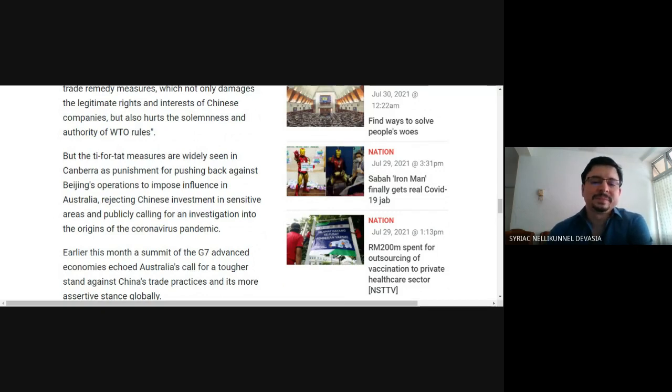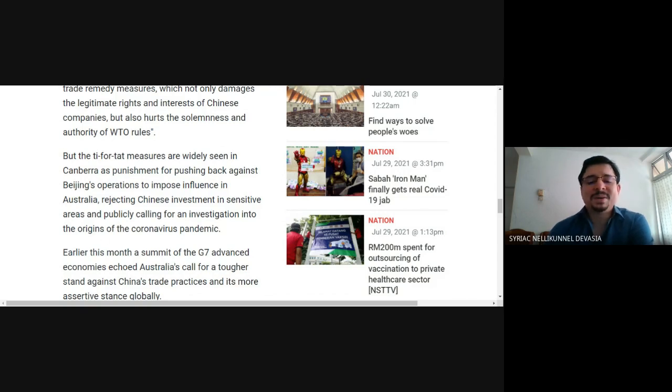This tit for tat measure is widely seen in Canberra, the capital of Australia, as punishment for pushing back against Beijing's operations to impose influence in Australia, rejecting Chinese investment in sensitive areas and publicly calling for an investigation into the origin of the coronavirus pandemic.